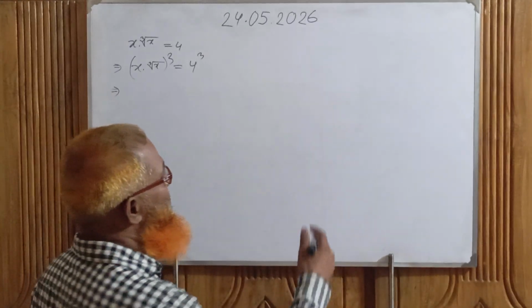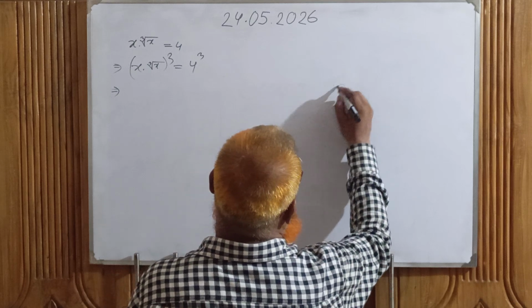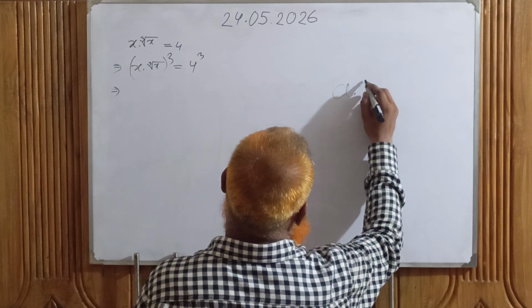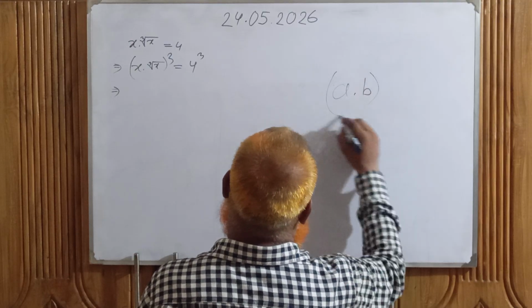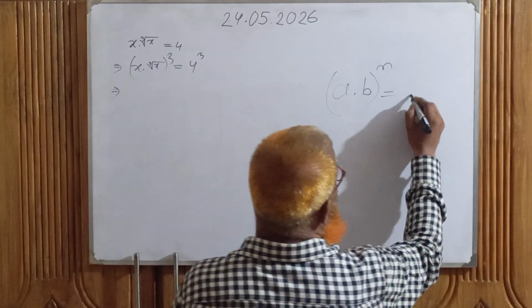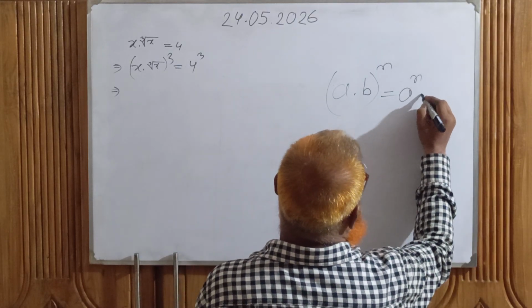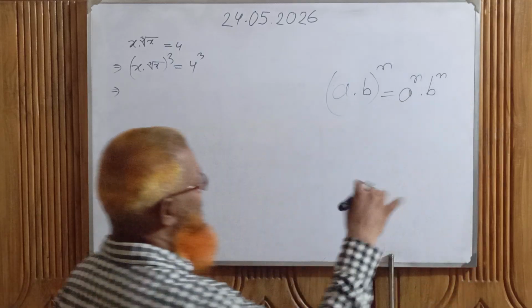If we follow the rule, (a by b) to the power of n equals a power of n by b power of n.